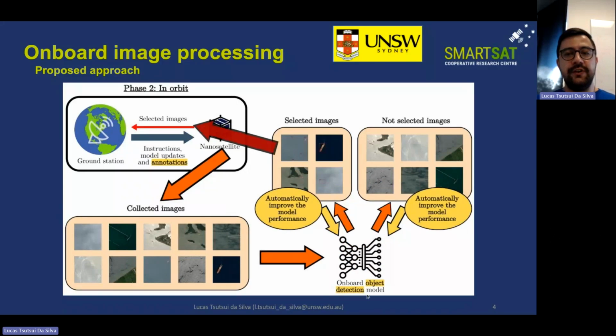So to solve these issues, my research proposes to use both selected and not selected images to automatically improve the model performance on board. In this research, we focus on the object detection task, and we assume that the ground station can send a few annotations of the selected images back to the satellite.